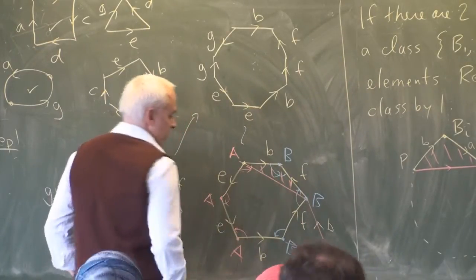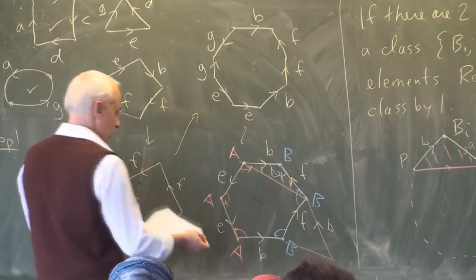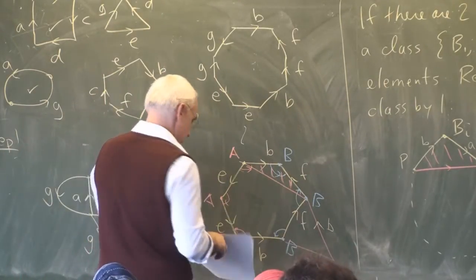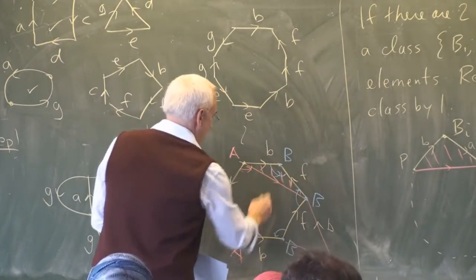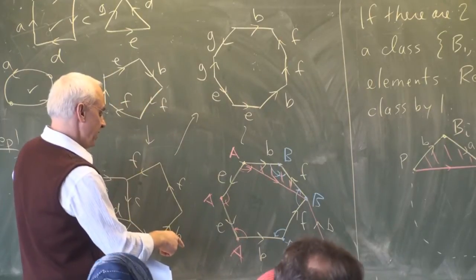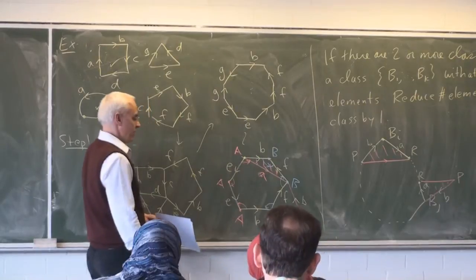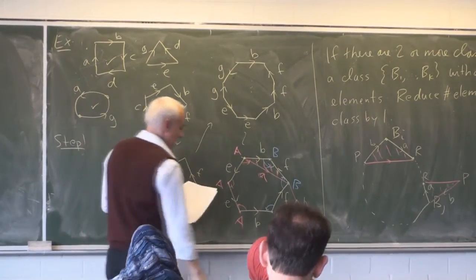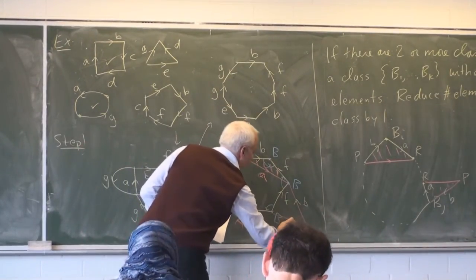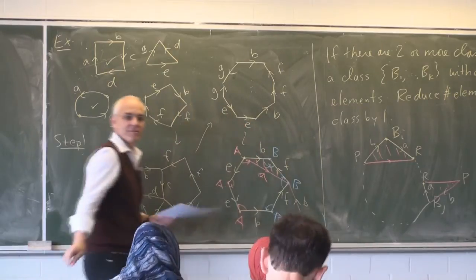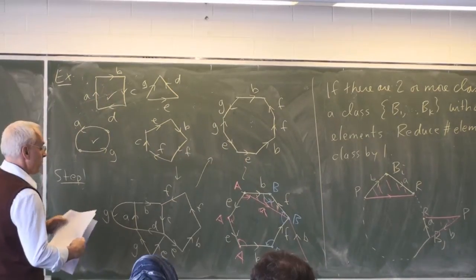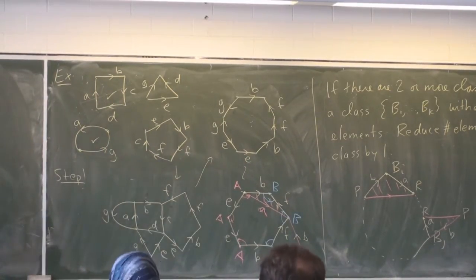And this new edge, I should give it a name. Well, we've only got E's, B's, and F's, so let me call that A. I'll orient it in that direction. And then over here, there will be an edge A like that. What I'm getting is another hexagon.